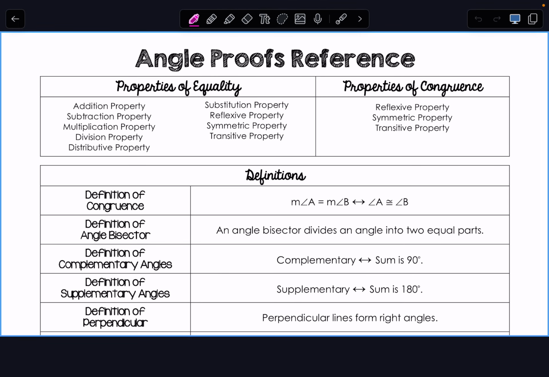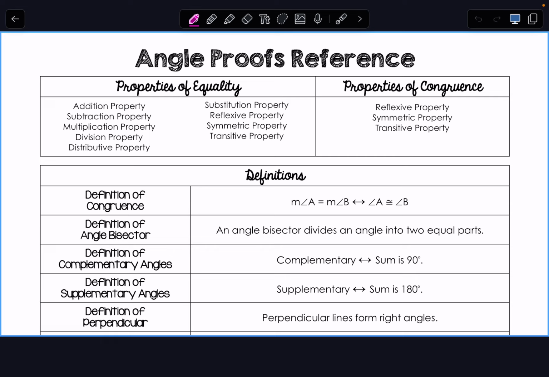So we are going to start our conversation about proofs that don't involve segments, but instead involve angles. There is a little bit more of a variety in the things that we might see with our angle proofs.